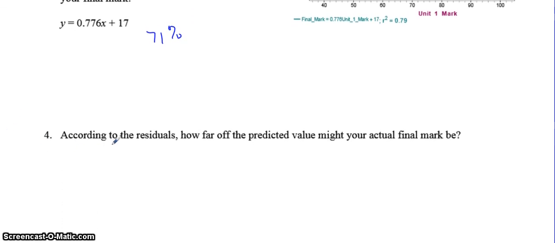So it's saying, according to the residuals, how far off the predicted value might your actual final mark be? Well, our residuals go down 14, so the lowest it could be, according to this model, is 57. And our highest residual is 8, so if we add 8, that gives us 79.